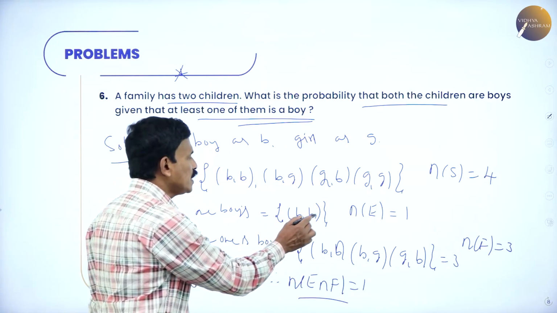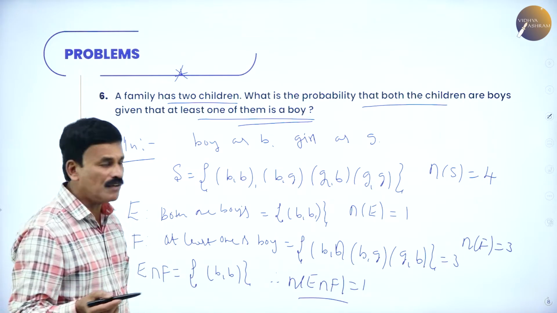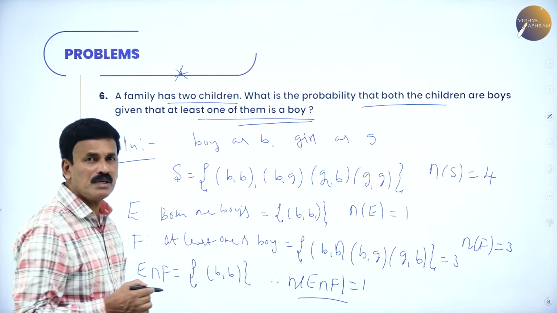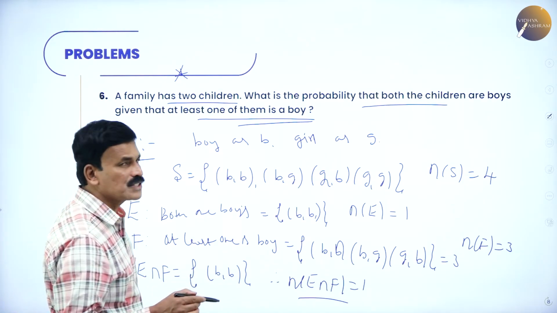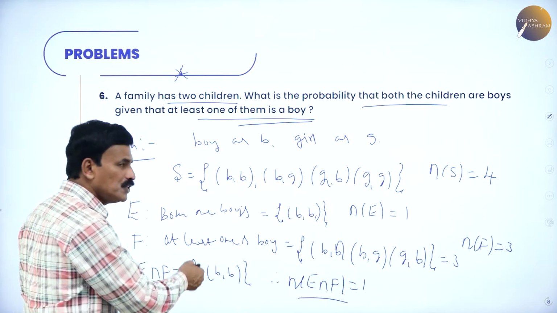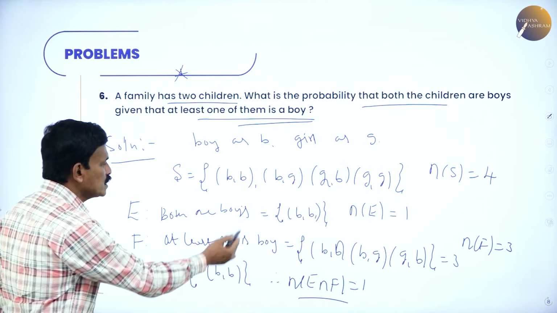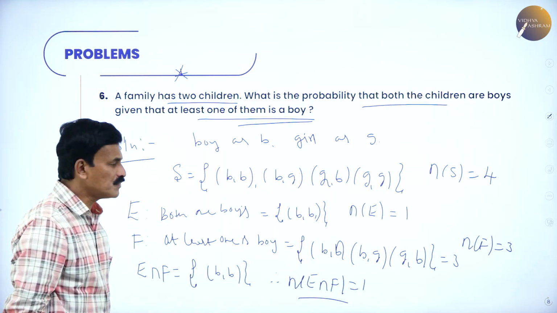So, that is B and B, N of E is equal to 1. Now let us define another event F, at least one of the child is a boy. So that is B comma B, B comma G and G comma B. Therefore N of F is equal to 3. Now the common in these two, the intersection of E and F, is B and B. N of E intersection F is equal to 1.